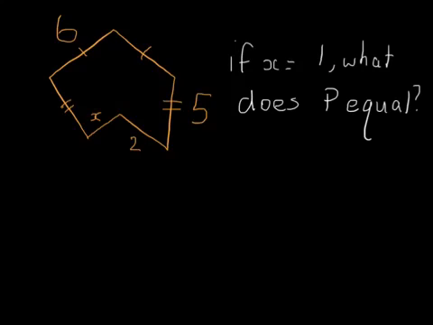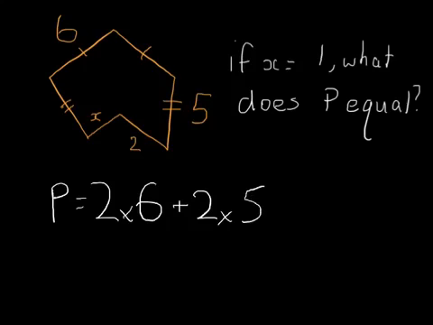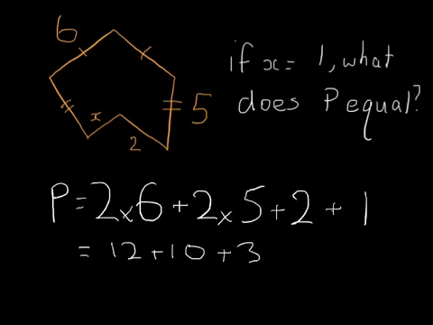In this instance, the perimeter is going to equal 2 lots of 6, so 2 times 6, and I have 2 lots of 5, 2 times 5, I have a 2, and x now equals 1. So all up, that's going to equal 12 plus 10 plus 3, which equals 25.